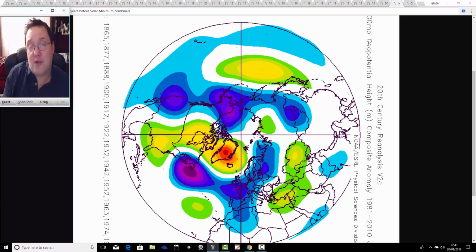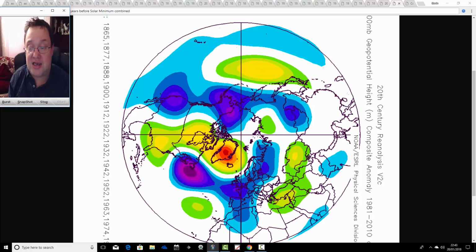If we were to take those out, I suspect we would see a rather weaker blocking pattern. Let's say we just concentrated on the springs from 1950 to 2007, where we finished for that batch of analogues. I suspect we would see a much weaker blocking signal. Actually, I might ask James to do that, and we might follow this through in a subsequent update. So we'll see what happens with that.